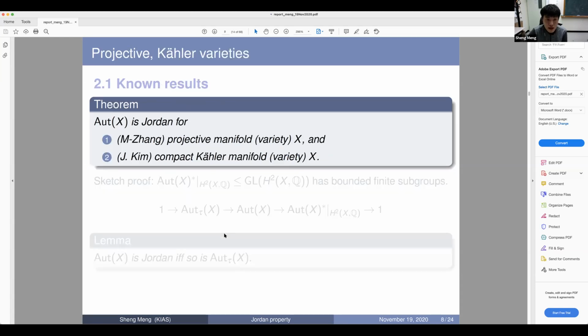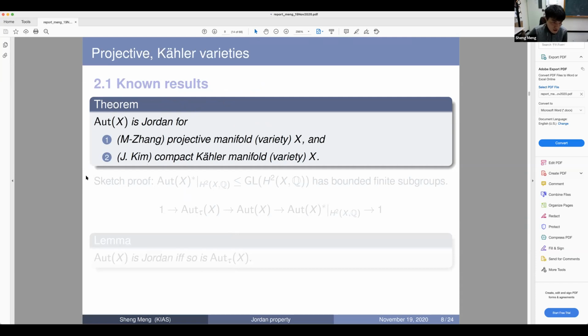But in higher dimensions, there is also research on the automorphism group, and it is known for the projective case and the compact Kähler case. The projective case is done by me and De-Qi Zhang, and the Kähler case is done by Kim using a similar idea.